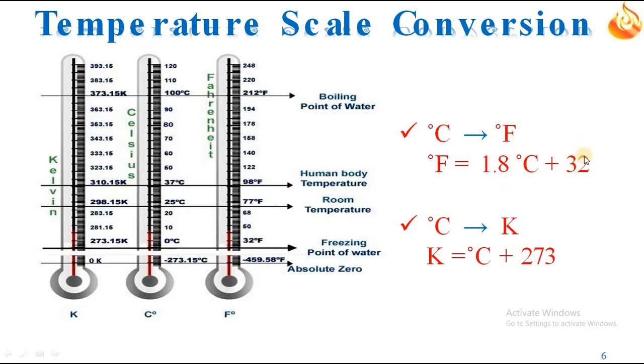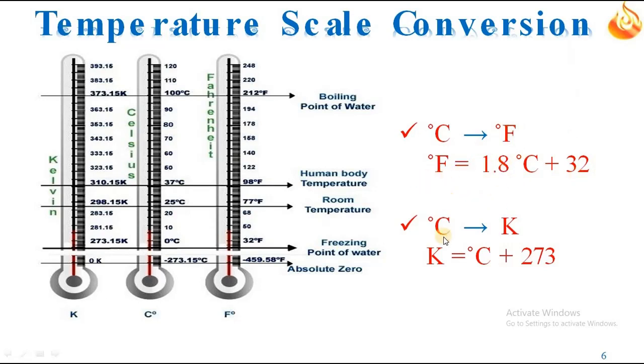Whatever the answer is, that is nothing but the temperature in degree Fahrenheit. Okay, so this is the simple formula. Whatever the temperature is given in degree Celsius, you have to multiply that given value by 1.8 and add 32 to that value. Okay, so the resultant value will be in degree Fahrenheit.